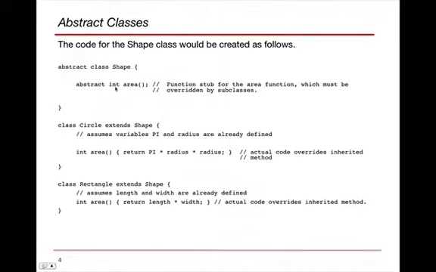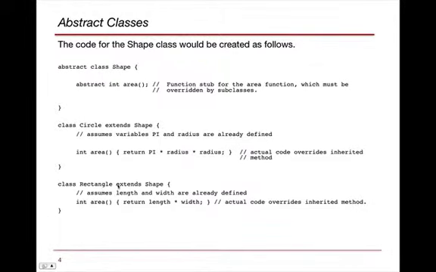Area returns a value of type integer, and so therefore this returns type integer. Had there been parameters in here, then the parameters must appear in here as well. It must be the same number and the same type. The variable names do not matter. Here we'd return pi times radius times radius, assuming that pi and radius are already defined. So this code is overriding the abstract method int area.